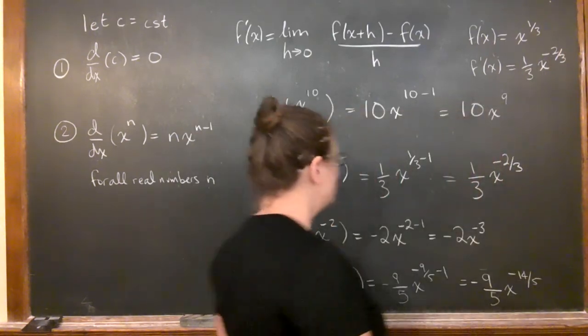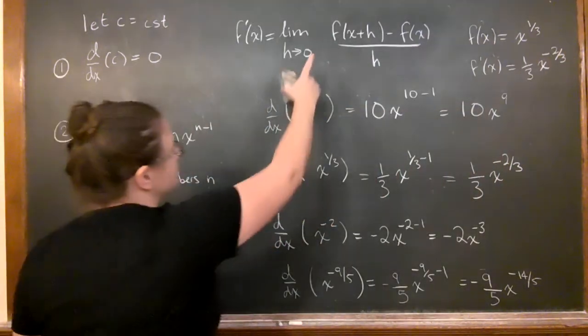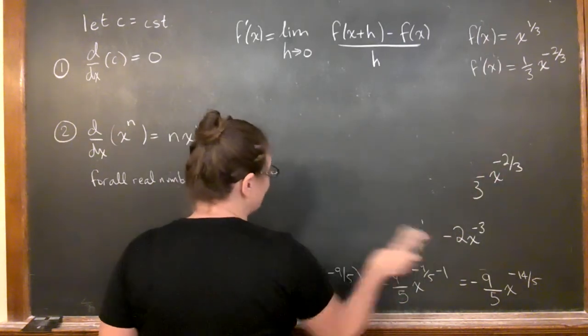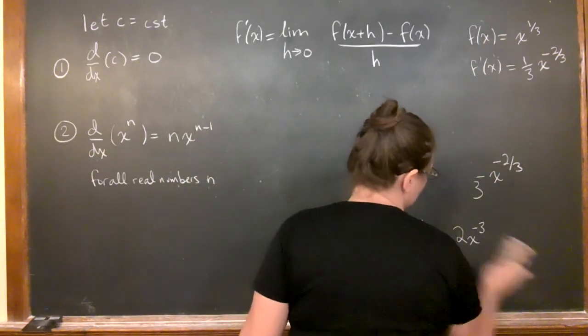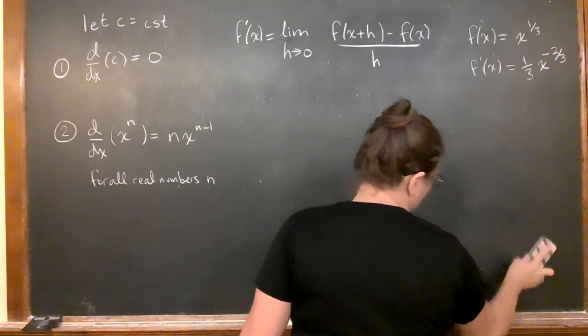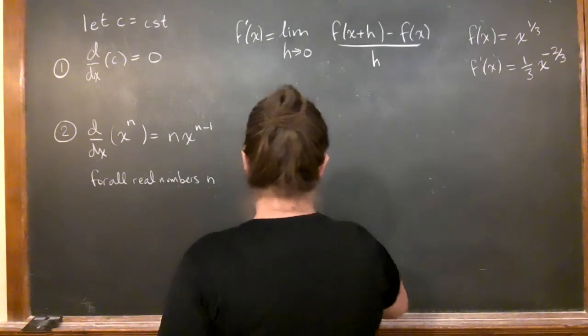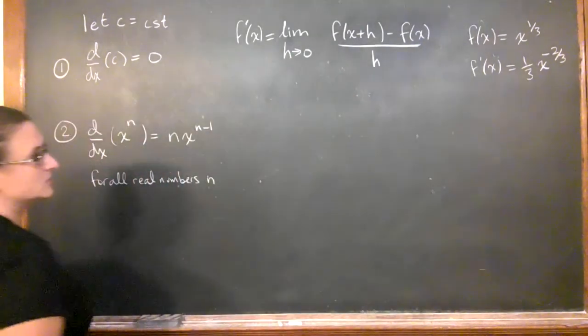And as you know, if you try to do that with this definition of the derivative, that would be really bad. If it was a square root, it's not too bad. Cube root becomes a big old headache. Okay, but we don't have to do that anymore. We can just use the power rule.